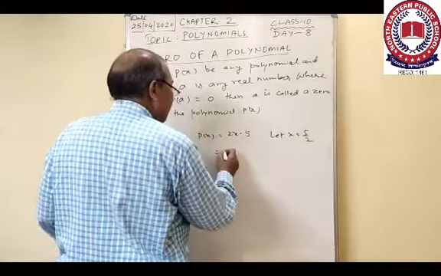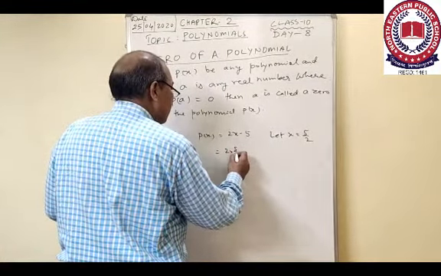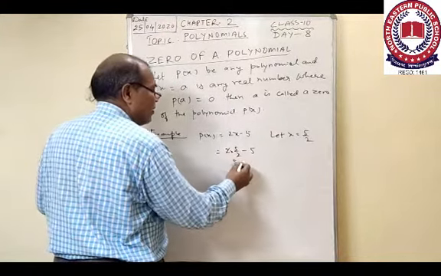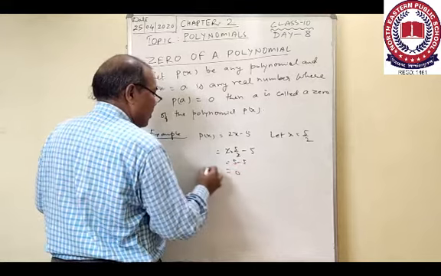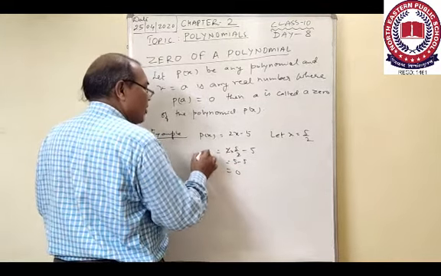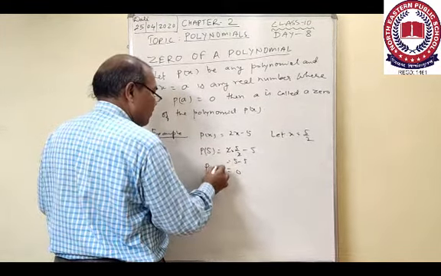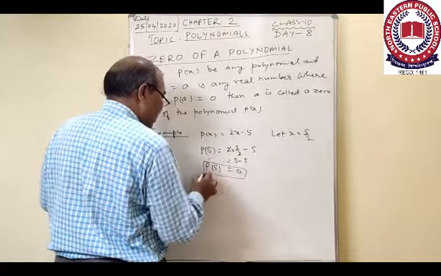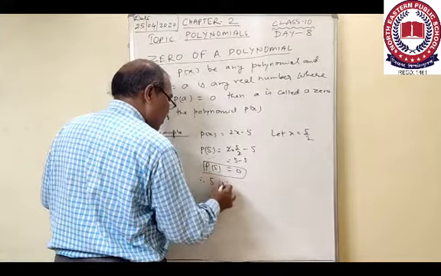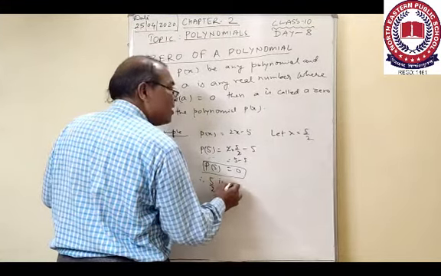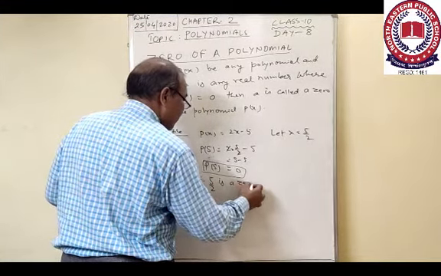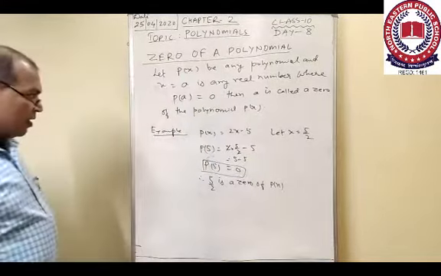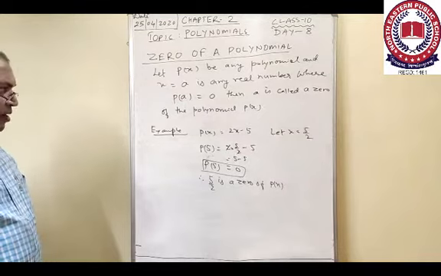When we put it here for x, these 2 cancel, it is 5 minus 5 and this becomes 0. So P of 5 by 2 is coming equal to 0, and therefore we say 5 by 2 is a zero of P of x.